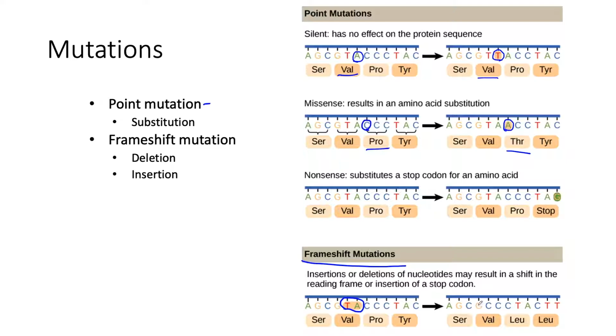So what happens is this first amino acid is not changed. But since it shifts the reading frame, every amino acid after that is likely to be different. So that is likely to cause a lot bigger issue in the functionality of that protein. And we would see the same thing if we had an insertion that also threw off the reading frame.